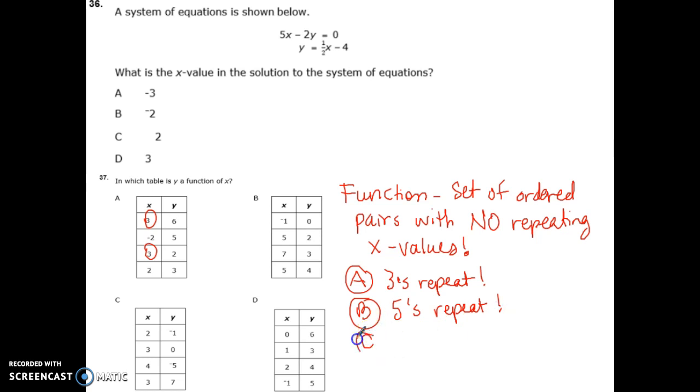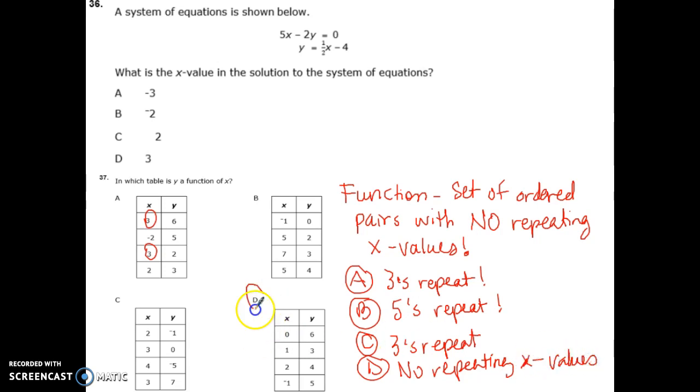What about C? 2, 3, 4, 3. 3's repeat. What about D? No repeating x values. Yay.